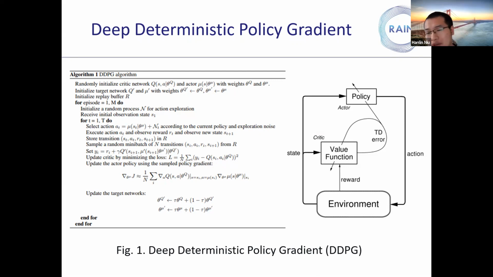Deep reinforcement learning has a nature of trial and error. On the right side is the overview of DDPG. Each DDPG algorithm needs four networks: a critic network, an actor network, and their corresponding target critic network and target actor network.